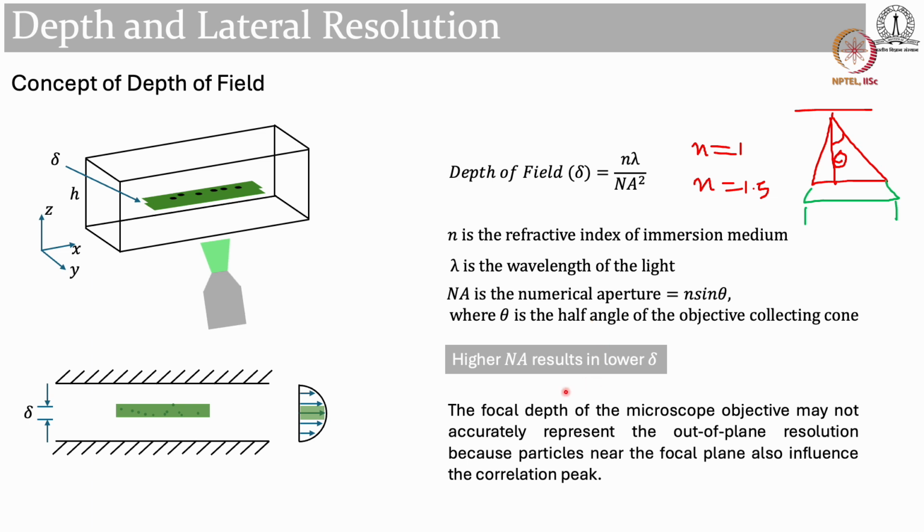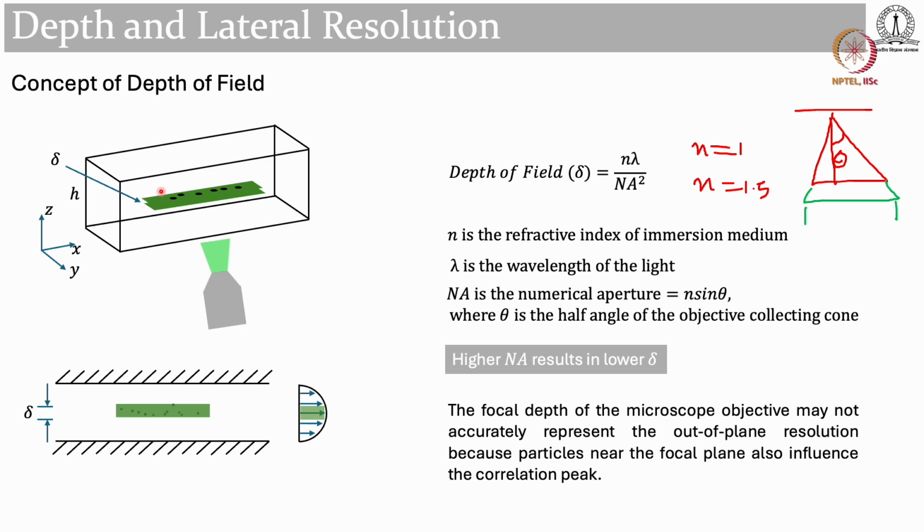Now this is really important, that is why we are studying all this, because the focal depth of the microscope objective may not accurately represent the out of plane resolution of particles. Particles that are slightly near the focal plane, say you are focusing somewhere here, can also influence the correlation peak.